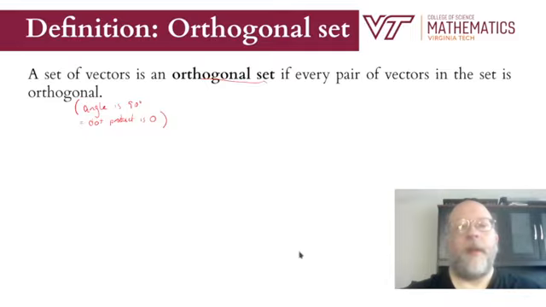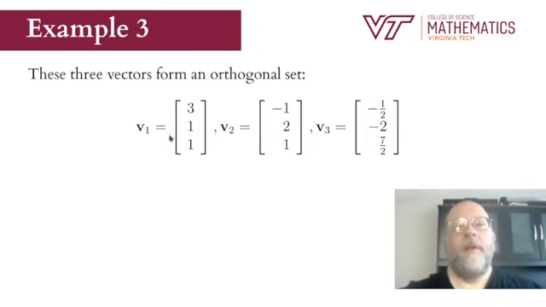So here's an example of an orthogonal set. These three vectors form an orthogonal set. To check this, every pair of vectors has to be orthogonal. So v1 dot v2 has to be 0. Well, that is negative 3 plus 2 plus 1, and that's 0.